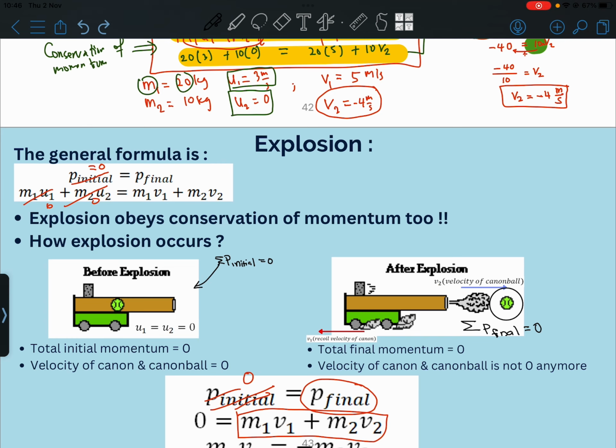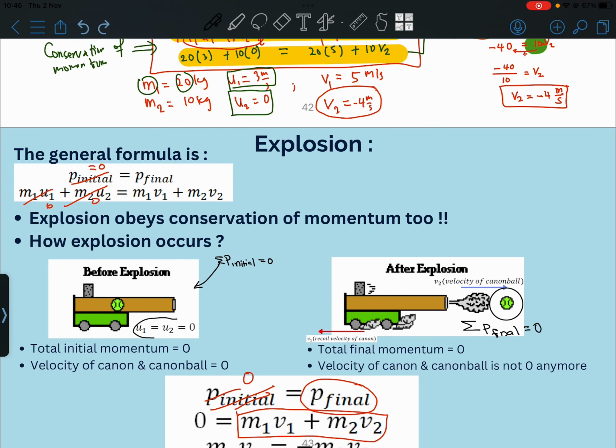In our case, this is the explosion of the cannon and also the cannonball. Because the cannon and the cannonball are not moving, their initial velocity is 0.